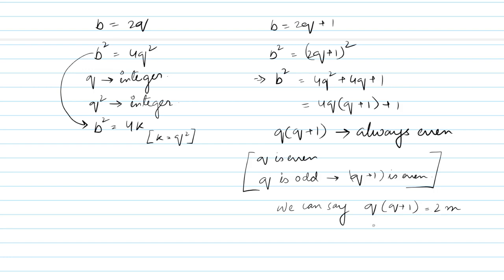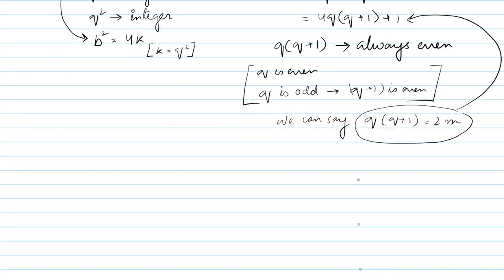If we insert this value in the equation, b square equals 4 into 2m plus 1, so it's 8m plus 1.